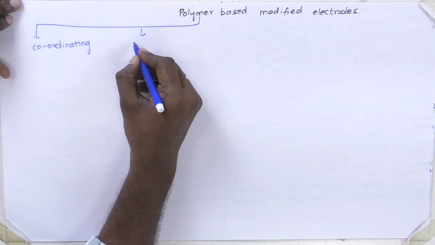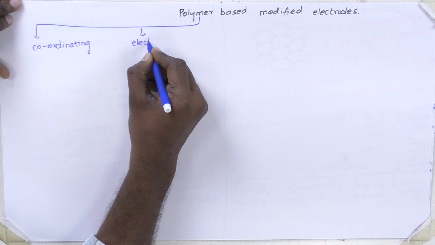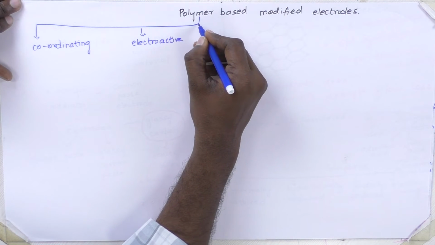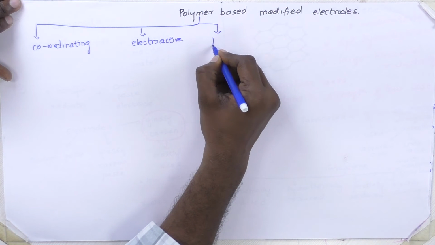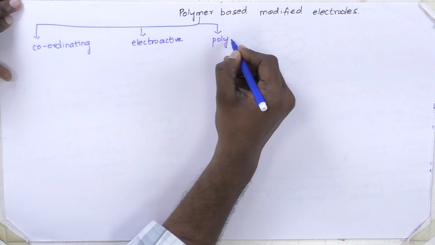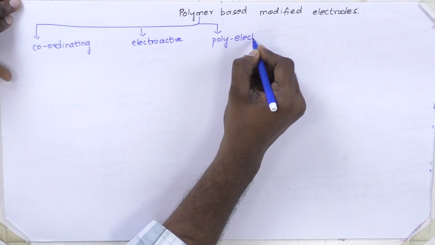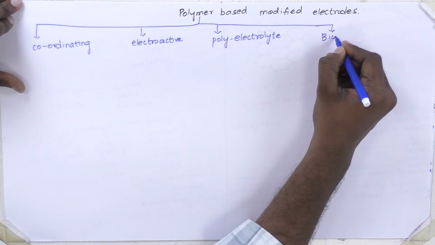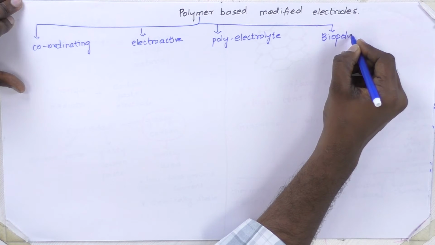The polyelectrolyte polymers consist of ionic groups. Electroactive polymers, polyelectrolyte, biopolymers.